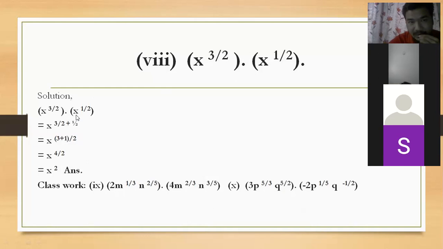Both the bases are the same, so the powers are added. 3 plus 1 by 2 means 4 by 2, which is 2. And its answer will be x squared. Okay, children?